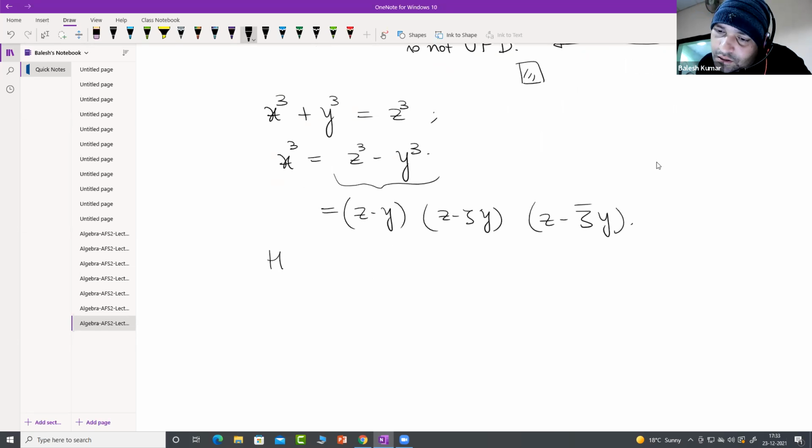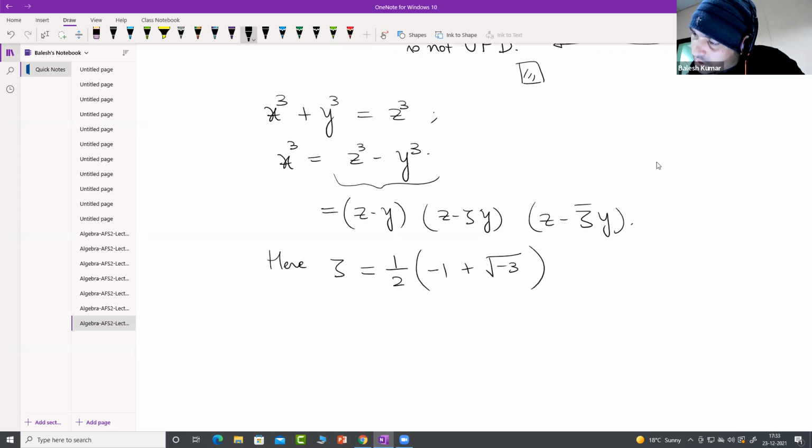The cube root of unity, which is complex, is precisely half of minus 1 plus square root of minus 3. In the complex exponential, one can write it as e to the power 2 pi i by 3. So this is a cube root of unity, cube root of 1.